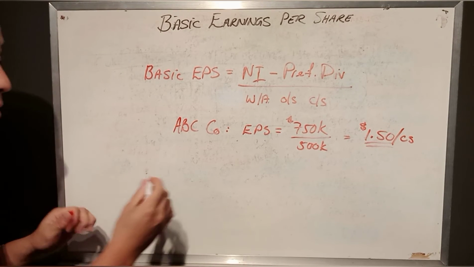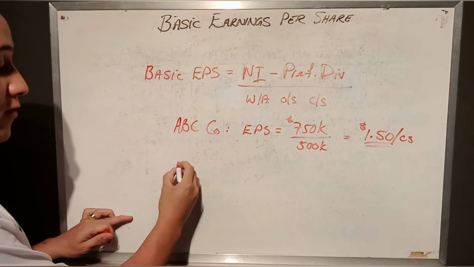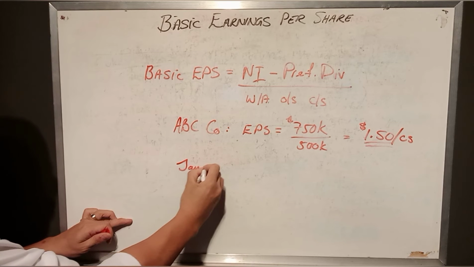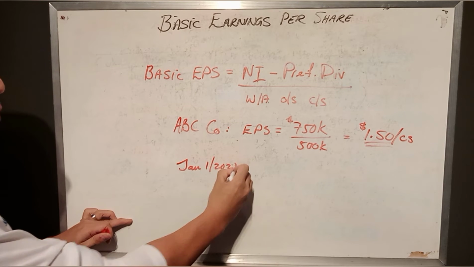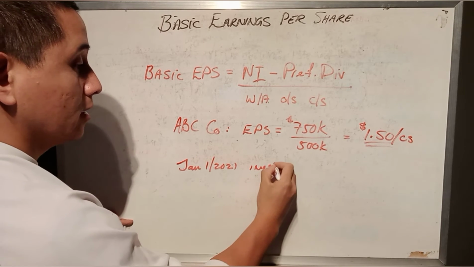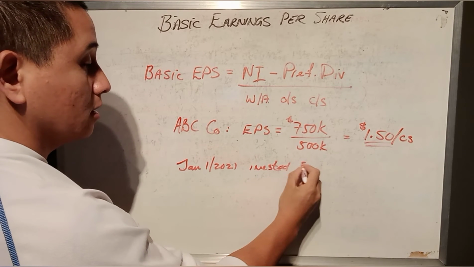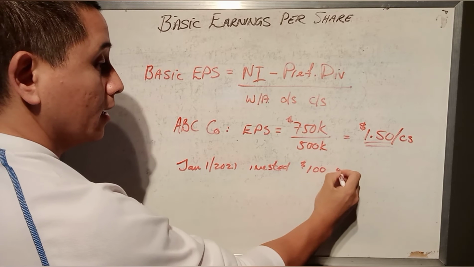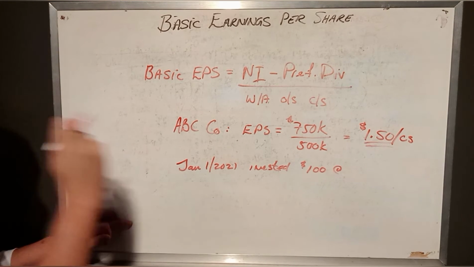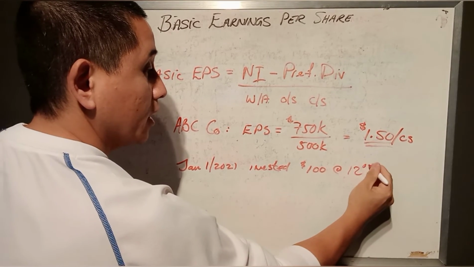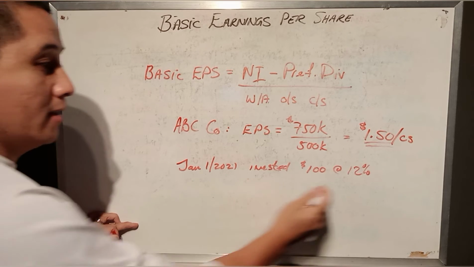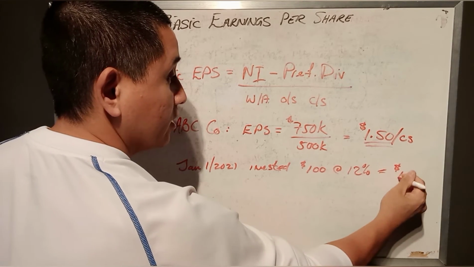Let's say, for example, we have a bank account, and on January 1st of 2021, we invested $100 at a rate of 12%. Then that would give us $12 at the end of the year.